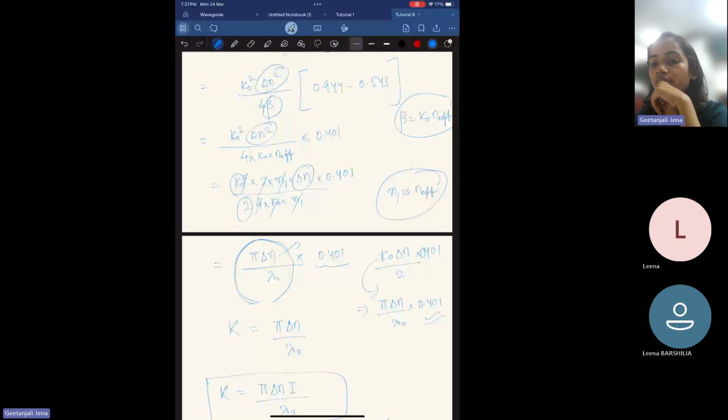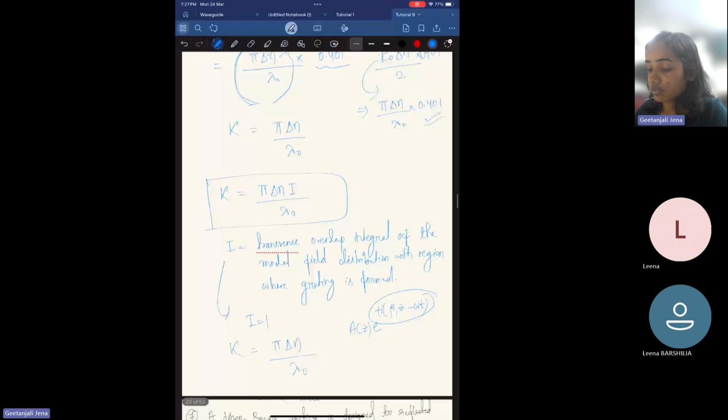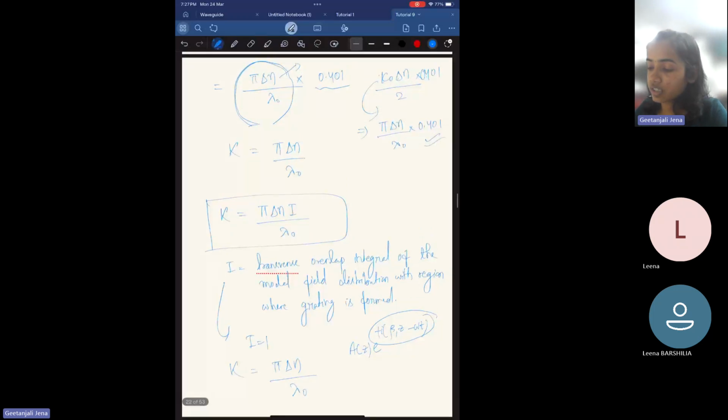Okay, then it's fine. So what I was saying is this is the general expression for kappa, the coupling coefficient.